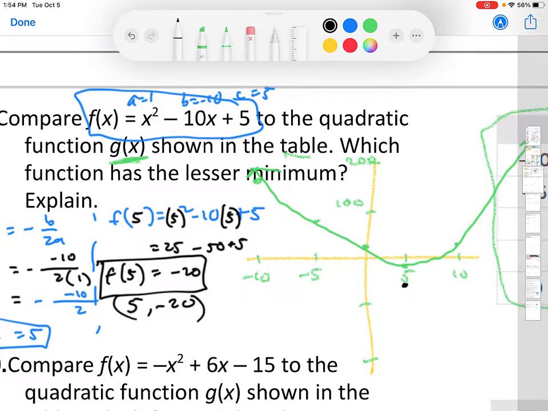And that's lower, isn't it? So we can say that, whoops, supposed to be blue. So it doesn't matter if the graph looks like this. It can look like this. It doesn't really matter. It's just it has a lower minimum, this point right here.